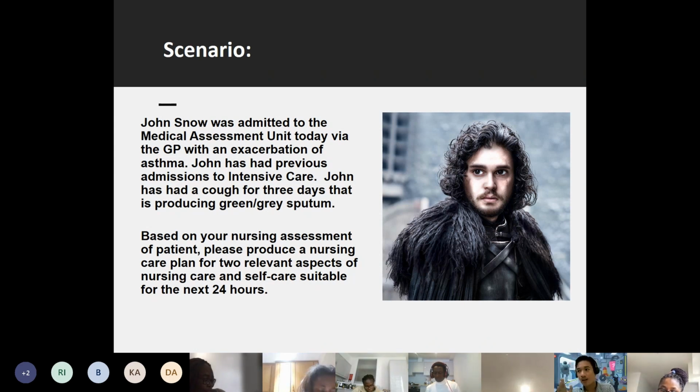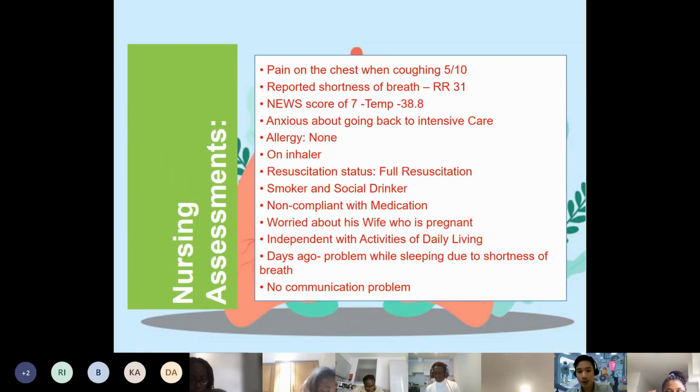And it says create two care plans based on your assessment. So let's pretend that you've done the assessment, and based on your assessment, the findings on your screen are your findings. John is complaining of pain in the chest when coughing, and that's 5 out of 10.